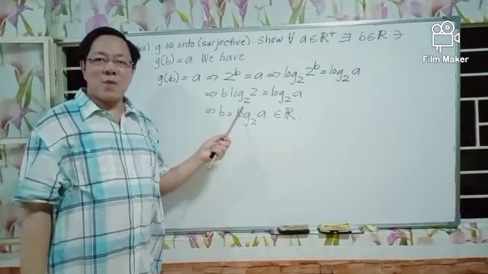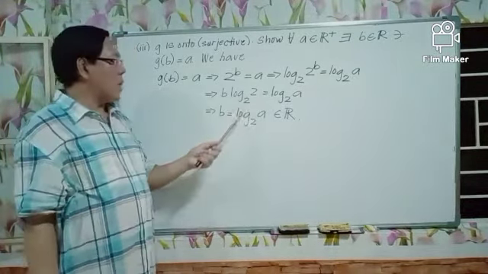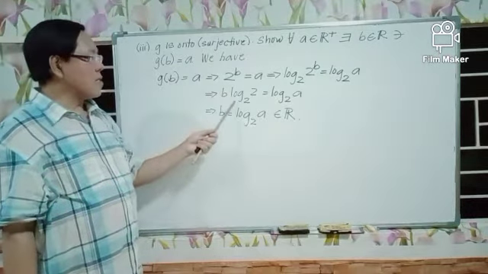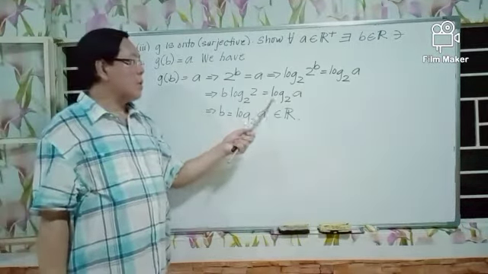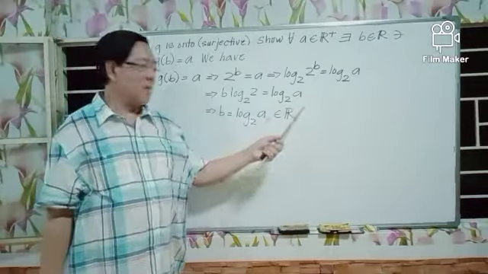Since the logarithm to base 2 of 2 is 1, b times 1, b is equal to logarithm to base 2 of a.